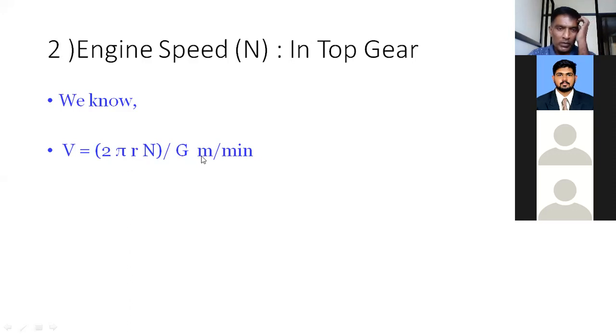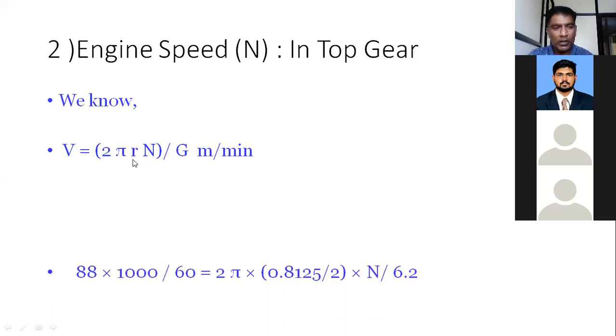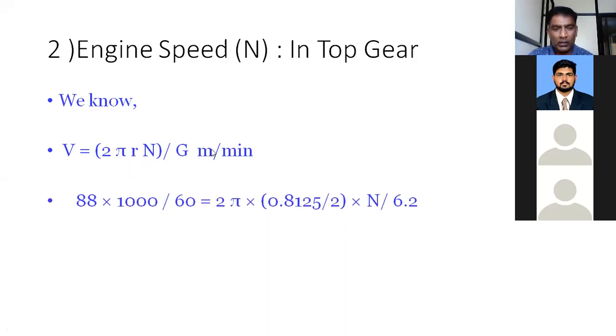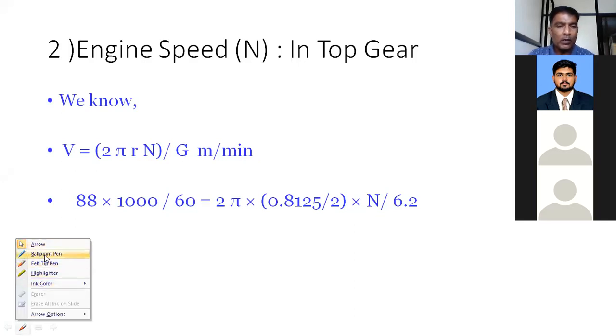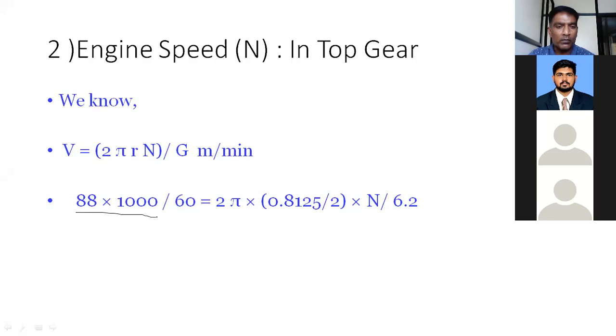So V is equal to whatever calculation we get in meter per minute, and this is nothing but the engine speed. R is in meter. So you can put the values. Here it is meter, so therefore we need to convert 88 kilometers per hour.